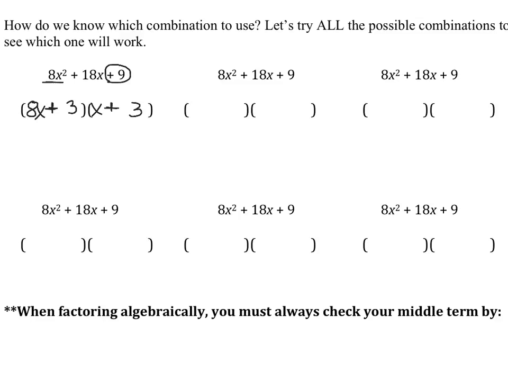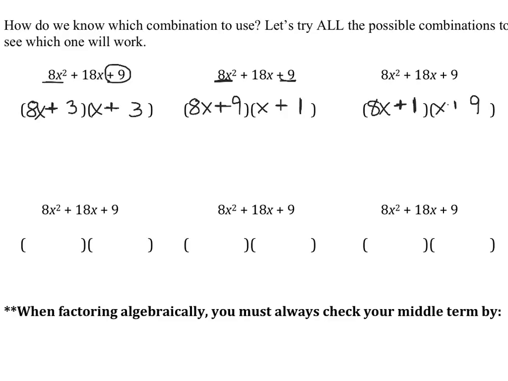Another possibility would be, let's say I stick with 8x and x, and the other way to do it is 9 times 1, right? So I could have 8x plus 9 and x plus 1, right? You agree that this would give me 8x squared at the beginning and 9 at the end. Well, then the other way I could do it is 8x and x with 1 here and 9 here, right?